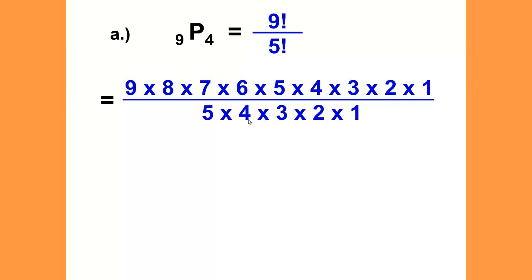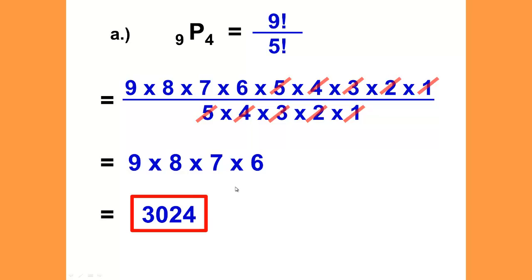And 5 factorial means we multiply 5, 4, 3, 2, 1 on the bottom. We could reduce those, and from 5 down to 1, those would all cancel. I know some of your teachers will not use the word cancel, but they divide out. That leaves us 9 times 8 times 7 times 6, which gives us 3024.